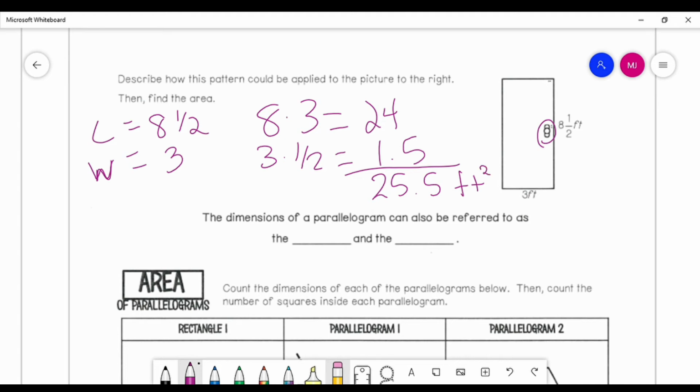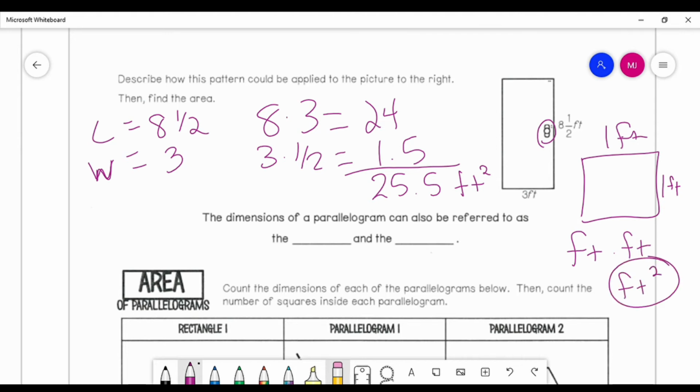So you put the 2 there. Someone asked last week, well, why is there a 2 there? Well, if we're talking about feet, this is literally 1 foot by 1 foot. So it's foot times foot, which means we can simplify that by giving it an exponent. Because that's what an exponent means.